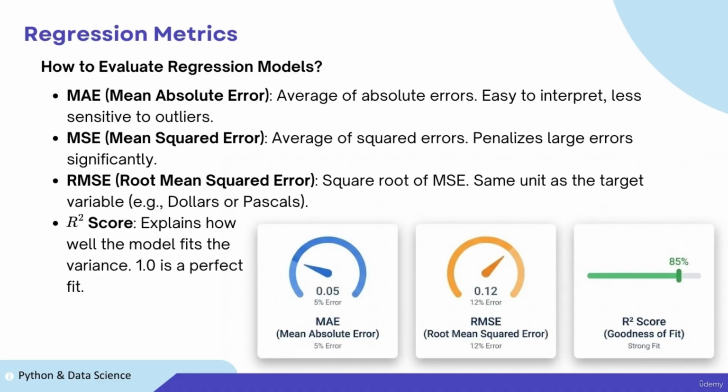If your model makes one huge mistake, RMSE will jump up, warning you that something is wrong. Third is the R-squared score. This measures goodness of fit. An R-squared of 1.0 is a perfect fit. In the example on screen, 0.85 means we have a strong fit, explaining 85% of the data's behavior.